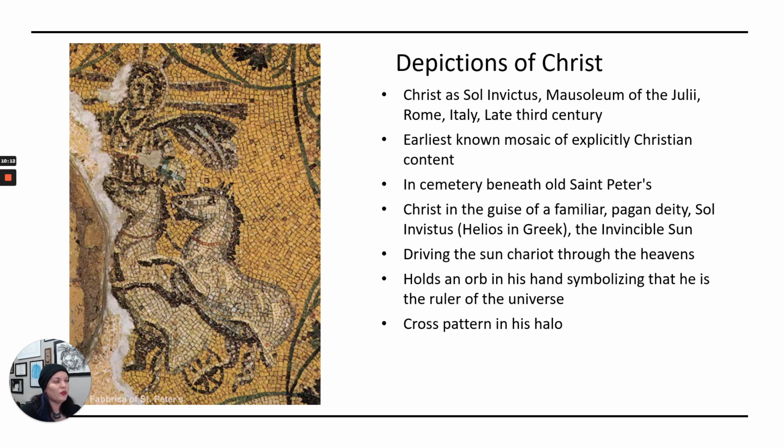And so this is a depiction of Christ that could be mistaken for a depiction of Sol, the sun god, and it's intentionally supposed to be vague like that, so that the people who created it couldn't get in trouble. Because if someone said, hey, it's illegal to be a Christian, you can't have this imagery of your new god, they could be like, oh, no, this isn't Christ, this is Sol, the sun god.